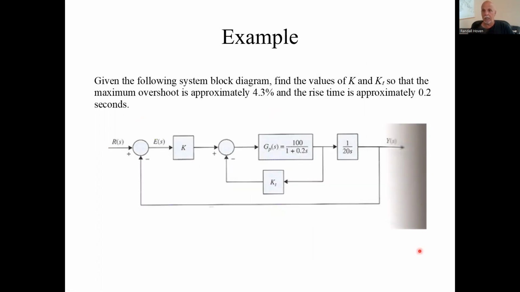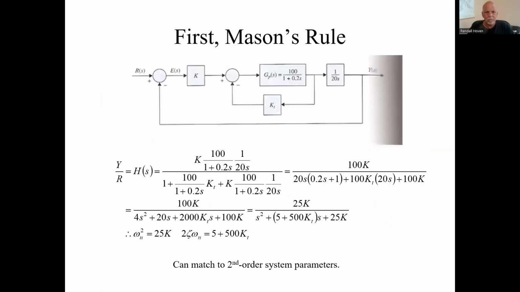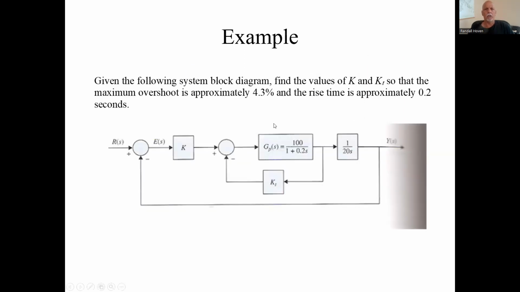We're given this block diagram with two design parameters in it, K and K sub T, and we need to meet two different specs. One is a maximum overshoot of 4.3% and the other is a 10 to 90% rise time of 0.2 seconds.